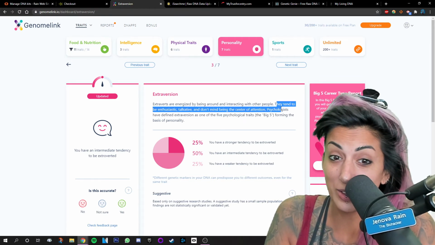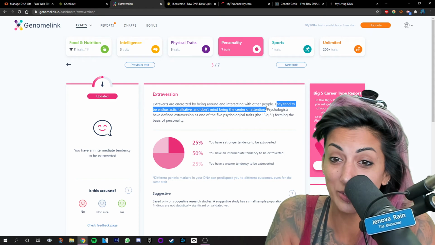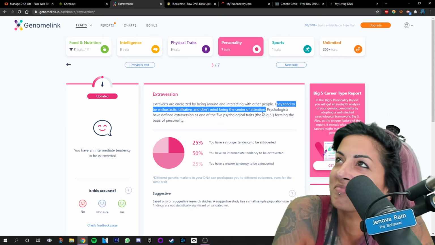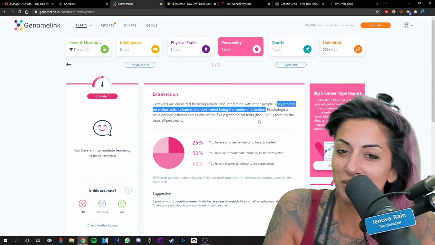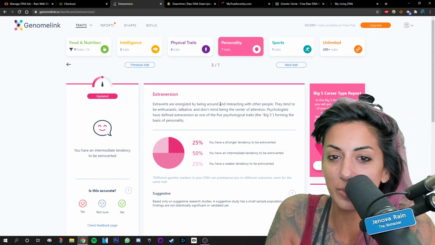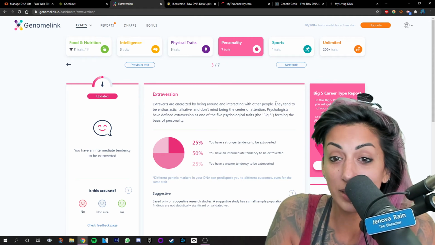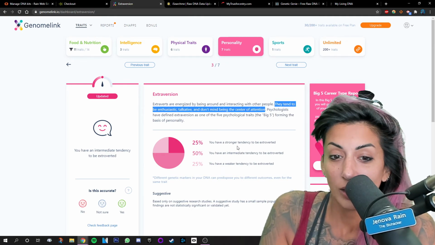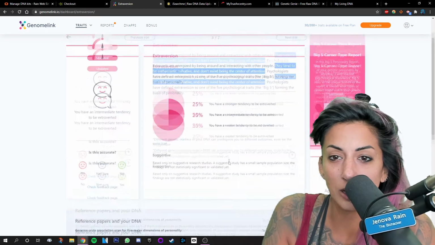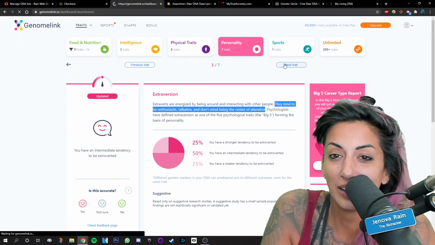I do tend to be enthusiastic, talkative, and don't mind being the centre of attention. All those things are wildly accurate. Oh dear. But I am quite an introverted person. But these things are also very true. Again, absolute garbage as a result.